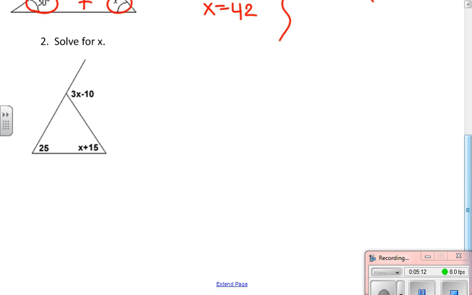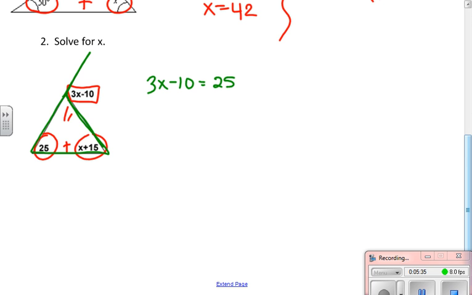Now, in this next example, I don't have the option of using a triangle sum. So I have the two remote interior angles that will equal this exterior angle, this angle that is outside of my triangle on that extension line there. So I have 3x minus 10 is equal to 25 plus x plus 15.